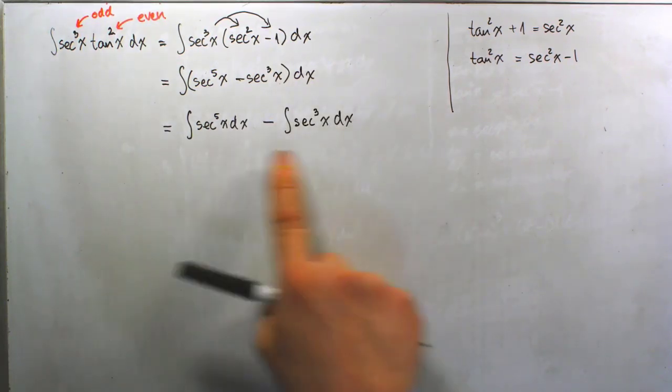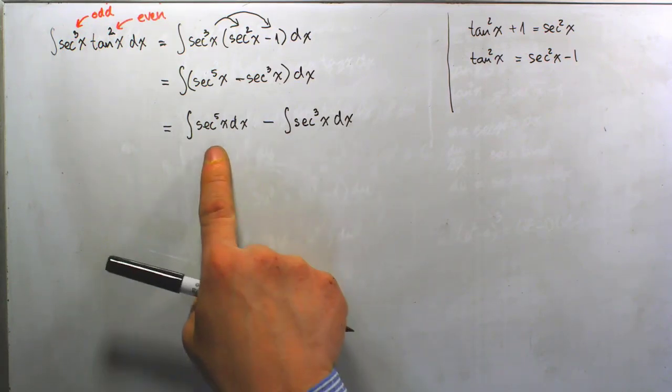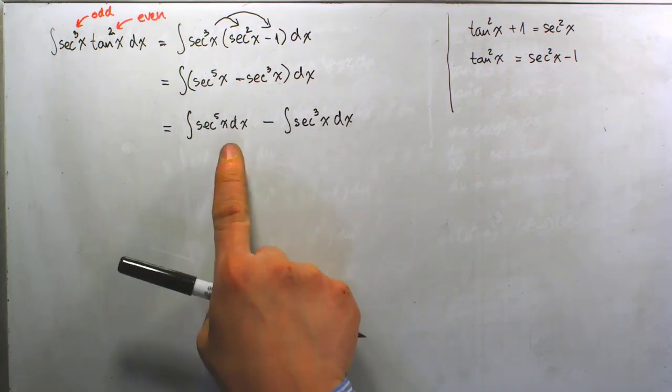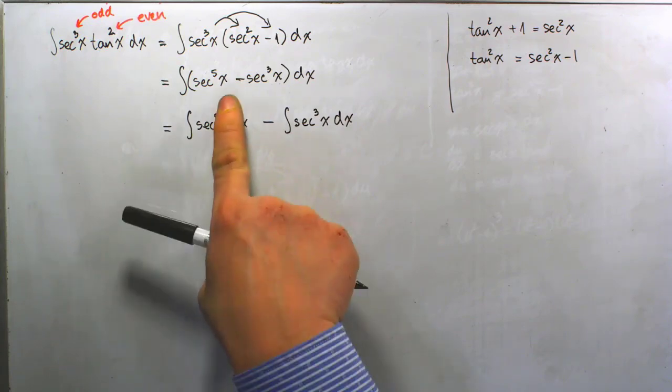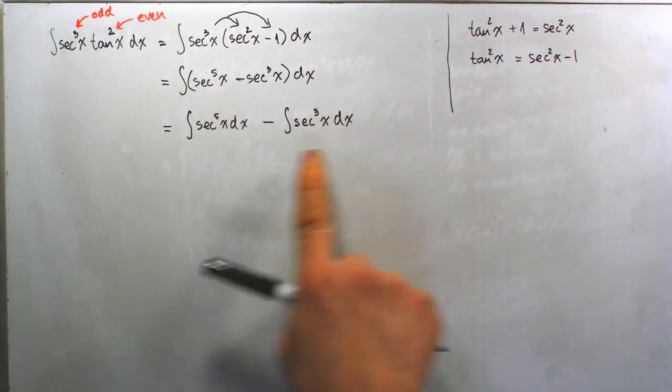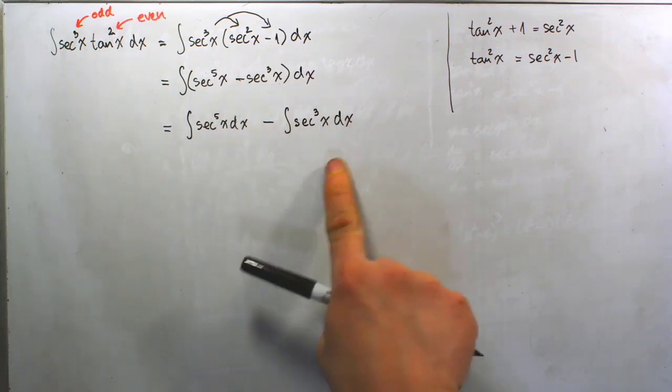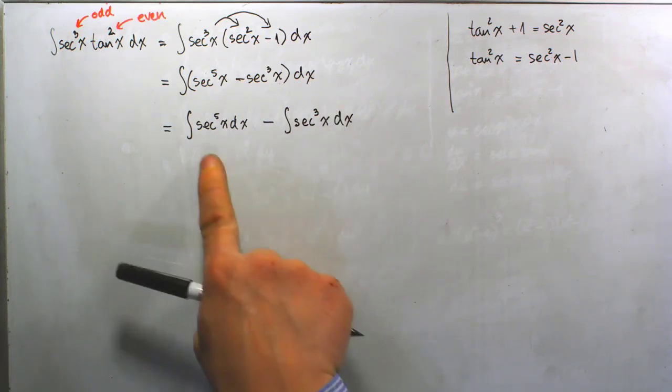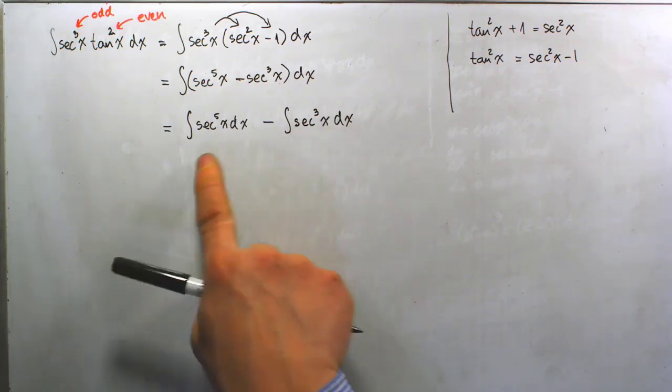And so at this point, once we're looking at simply different integrals of single powers on the secant, we got the power 5 here on the secant, power 3 here on the secant. We can use the power reduction formula on each of these.